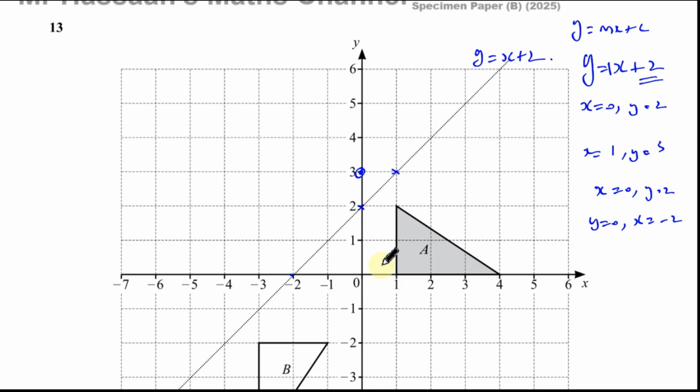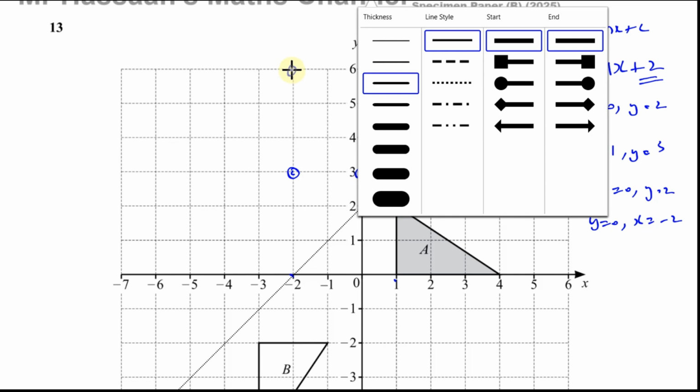This point over here is 1.5 squares away, so it goes half of 1 square over here. And this point here, if you reflect it in that line, is 3 squares away, so it has to be 3 squares on the other side. So there are the 3 sides of our triangle. Join them together and we have our image.